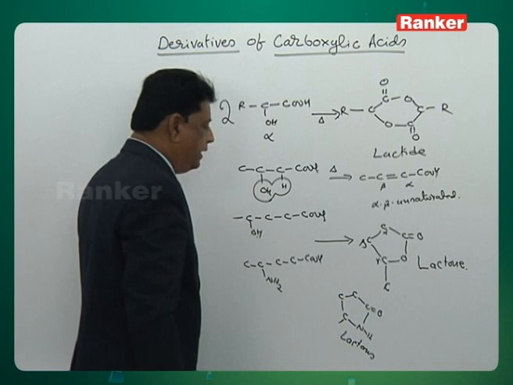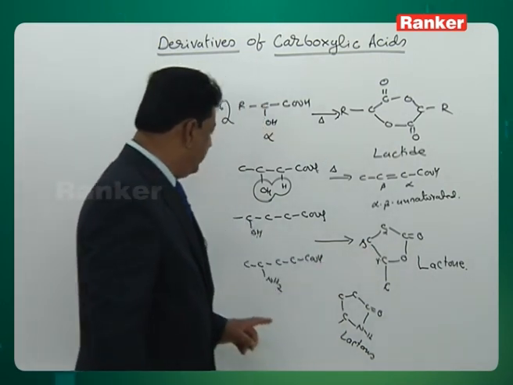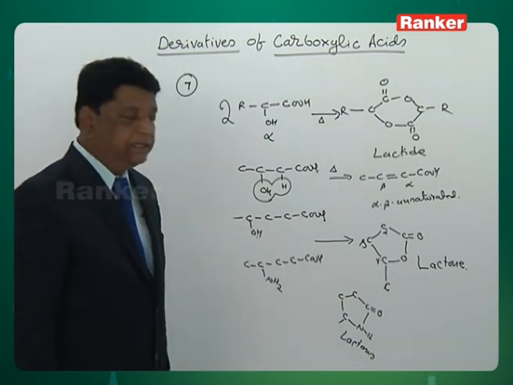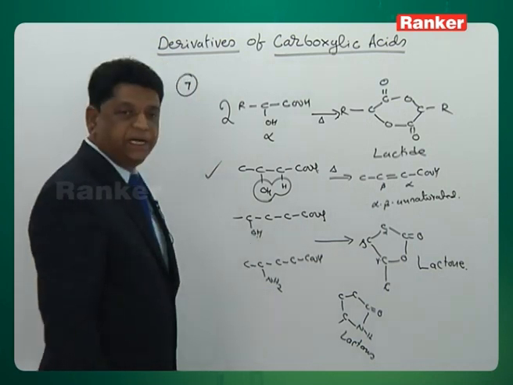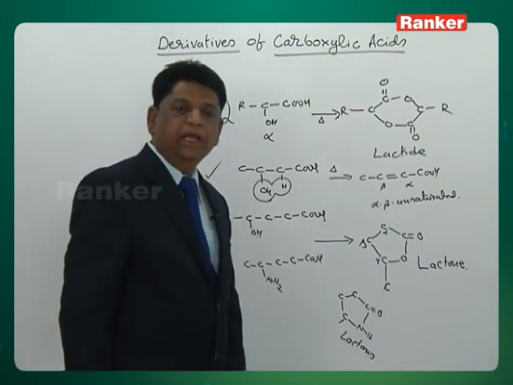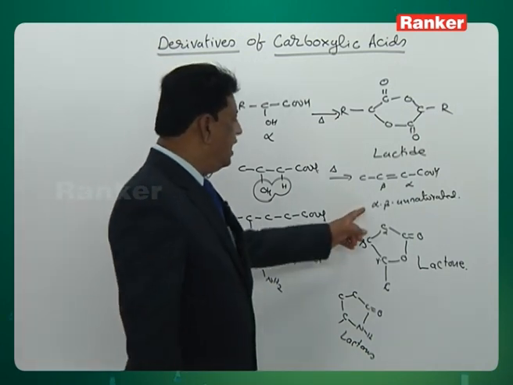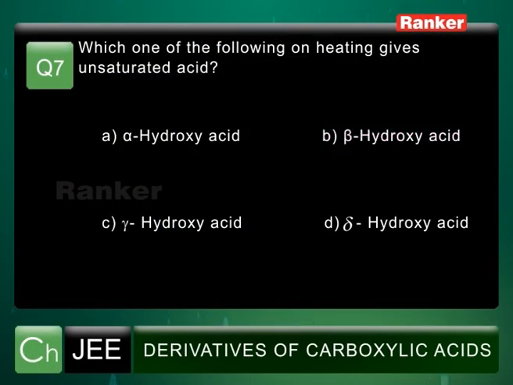Cyclic amides are lactams, and cyclic esters are called lactones. This is the theory. The question was asked on the alpha beta unsaturated acid, so the beta hydroxy acids undergo this type of formation of alpha beta unsaturated acids. So option B is the right answer.